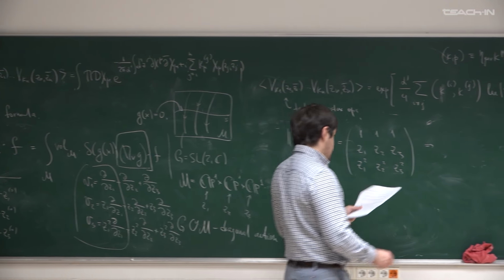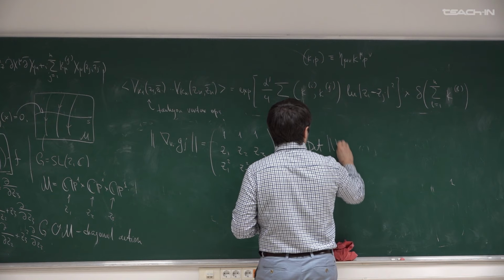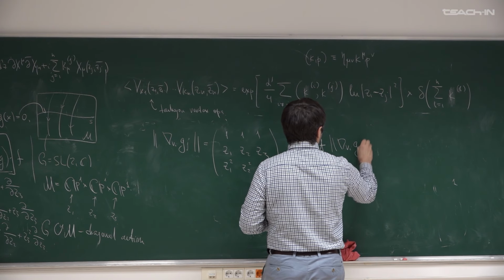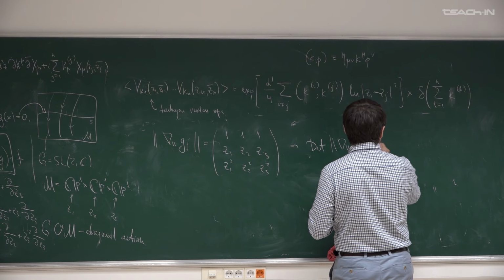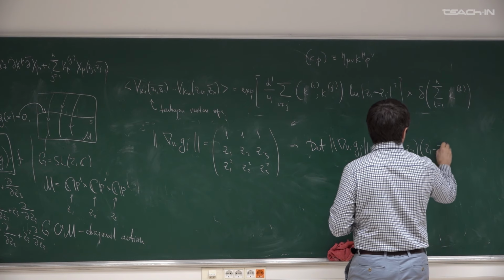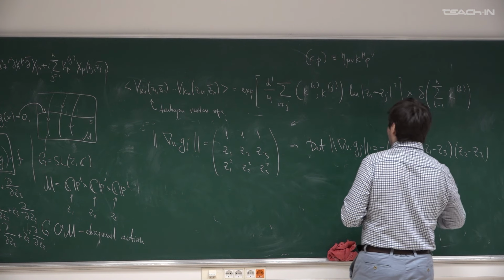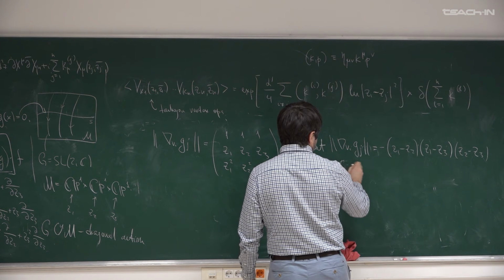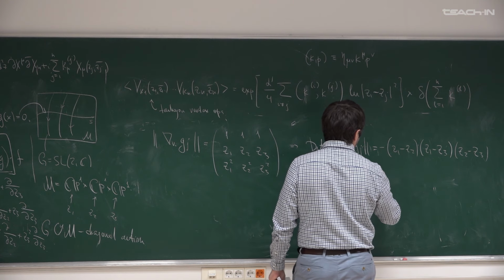So determinant of this matrix, nabla vi gj, is z1 minus z2, z1 minus z3, z2 minus z3. Right? More exactly, in general, this is called a Vandermonde determinant, right?